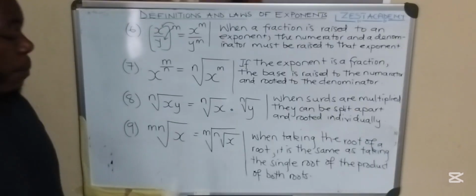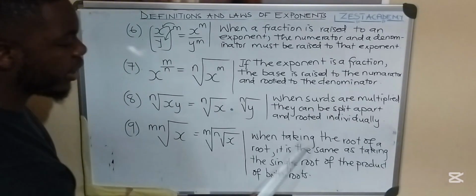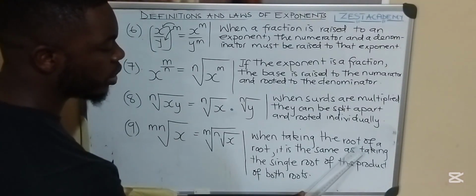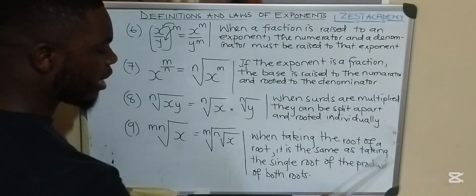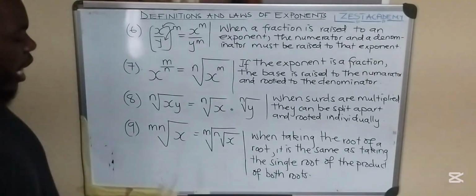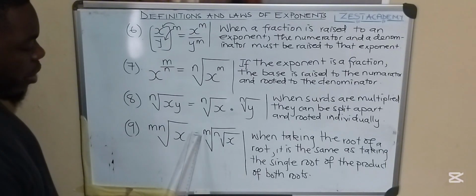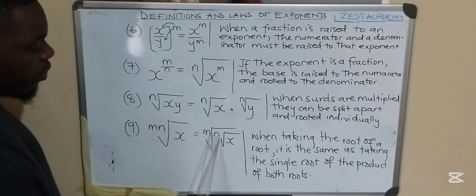Law number 9, or very last law. When taking the root of a root, it is actually the same as taking the single root of the product of both roots. Here we have the root of m, and we also have the root of n.